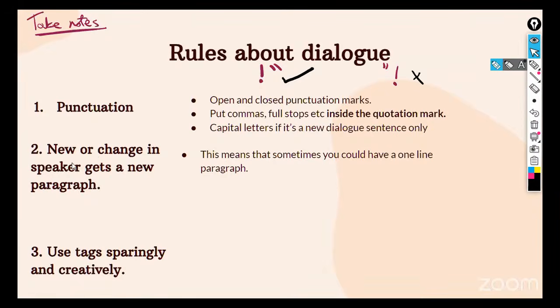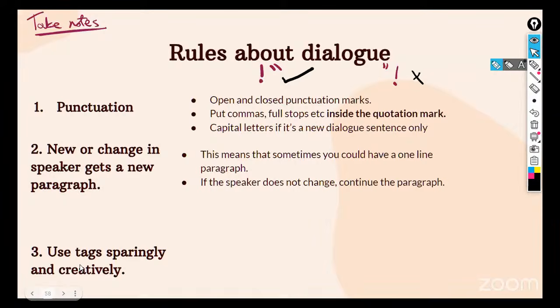So if it's a different speaker, then new paragraph. If the speaker is not changing, you could continue on in that paragraph, right? Which we just saw with Sarah, I think, the ceiling example. She kept talking, so her words stayed in the same paragraph, right?